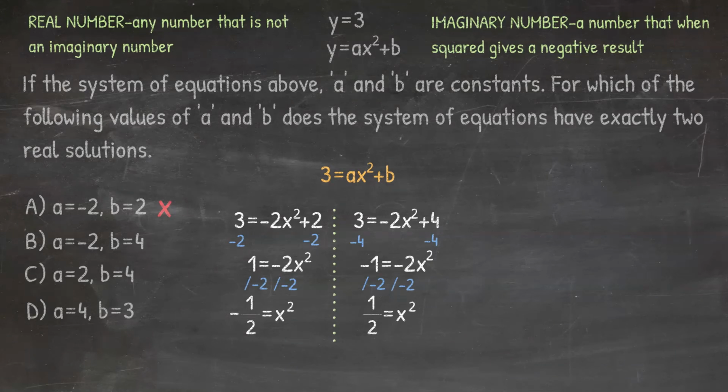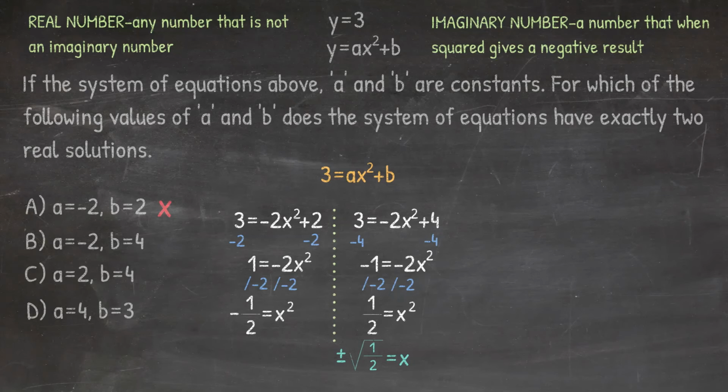The two solutions would be the positive square root of 1/2 and the negative square root of 1/2. And we need to account for both, because both negative and positive numbers, when squared, result in a positive answer. So having 1/2 in the positive form means we have two answers.